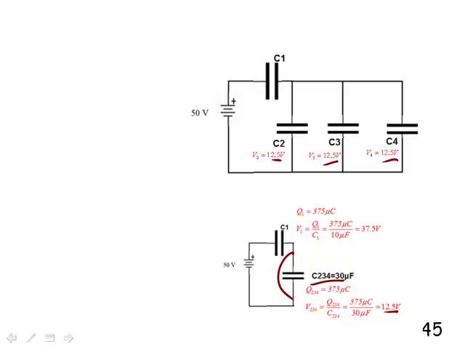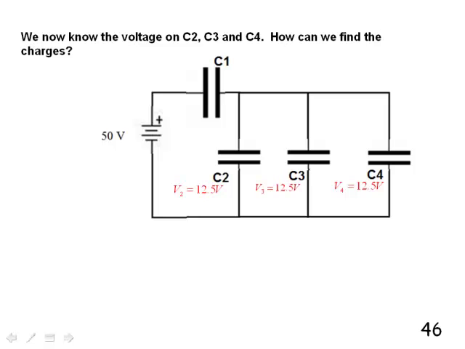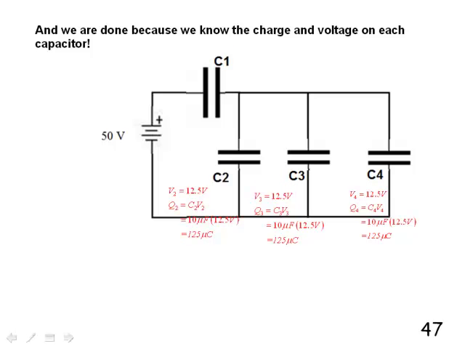And then we can just apply Q equals CV to each one of those capacitors to find the charge on each one. So Q2 equals C2 V2. So there was the 10 for the C2 and the 12.5 there. And since they all have the same capacitance and the same voltage, they all have the same charge as well.